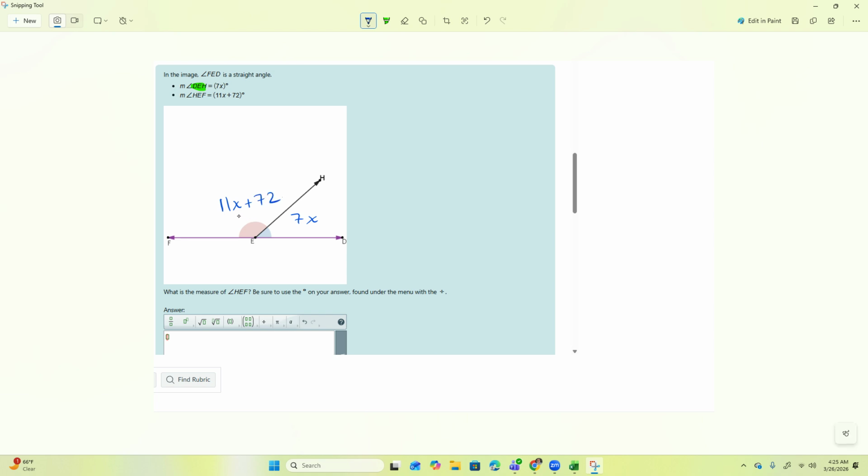Now, what do we know about supplementary angles? They told you that FED, the purple line, is a straight angle. That means 180. So these two angles, the 11x plus 72 and 7x, if you add them, will be equal to 180.